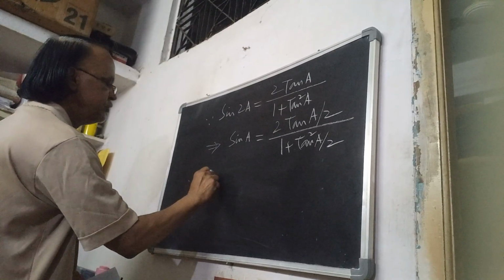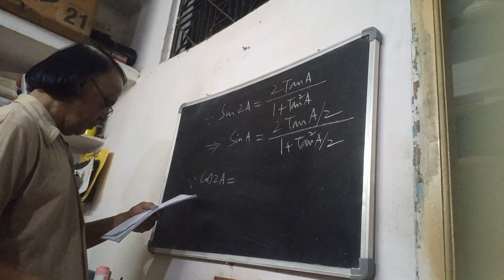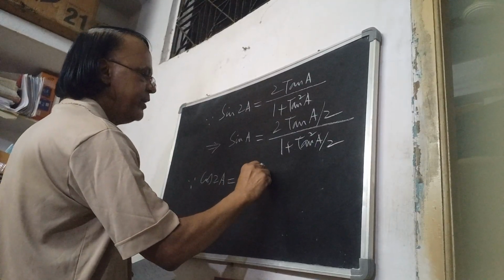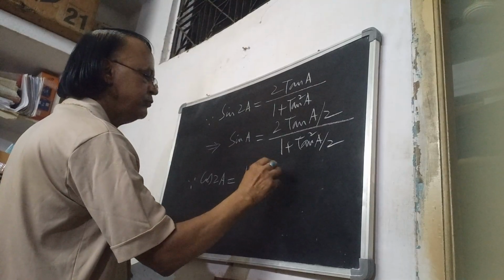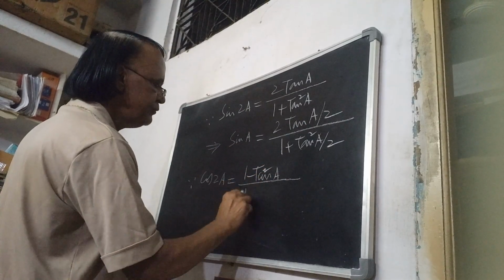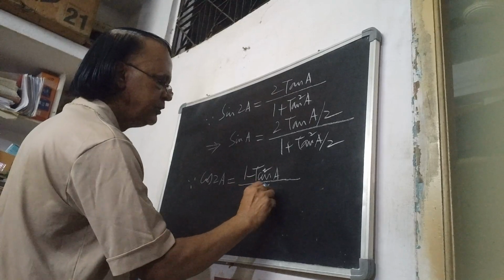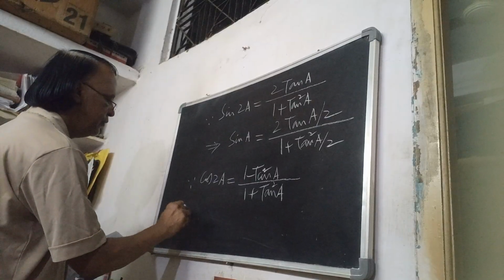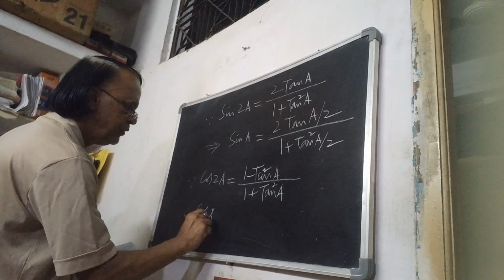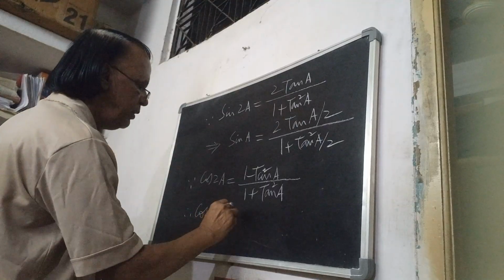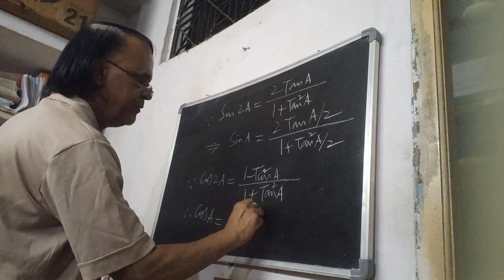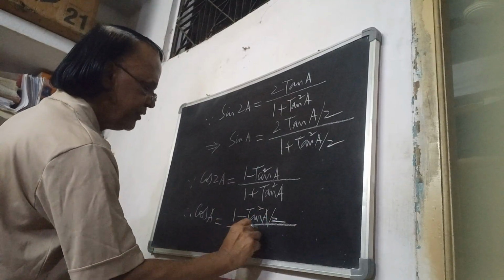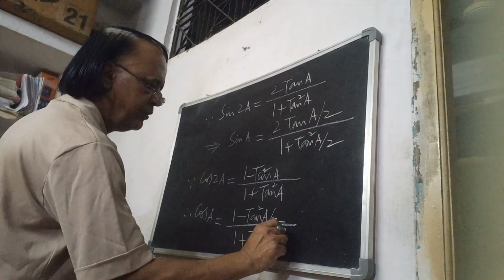Since cos 2a is equal to 1 minus tan square a by 1 plus tan square a, therefore cos a will be 1 minus tan square a by 2 by 1 plus tan square a by 2.